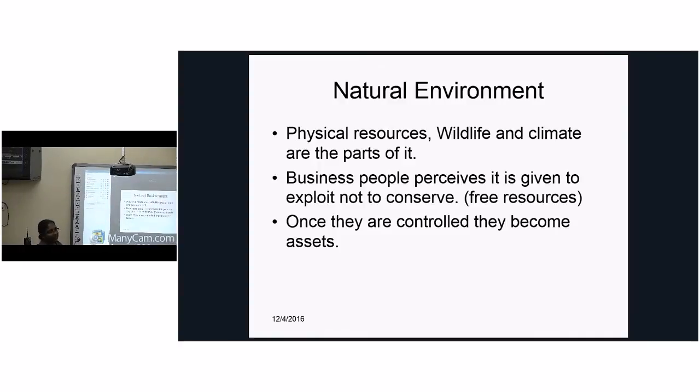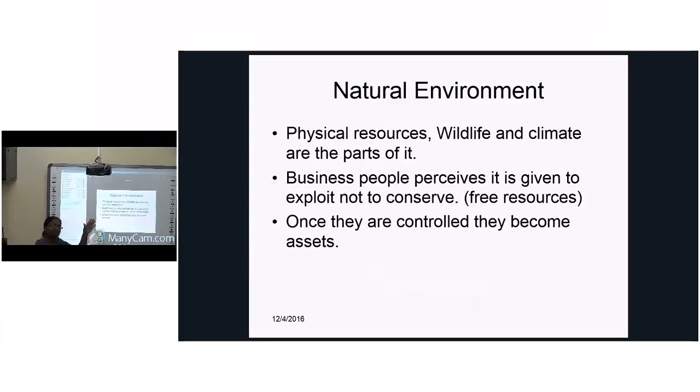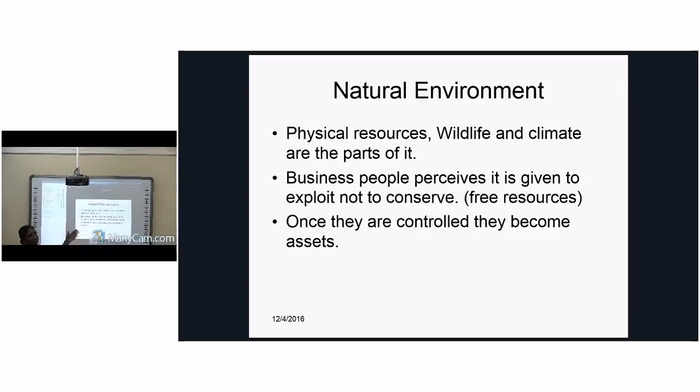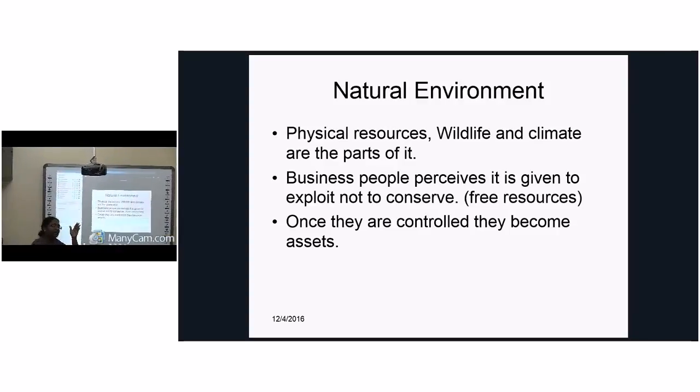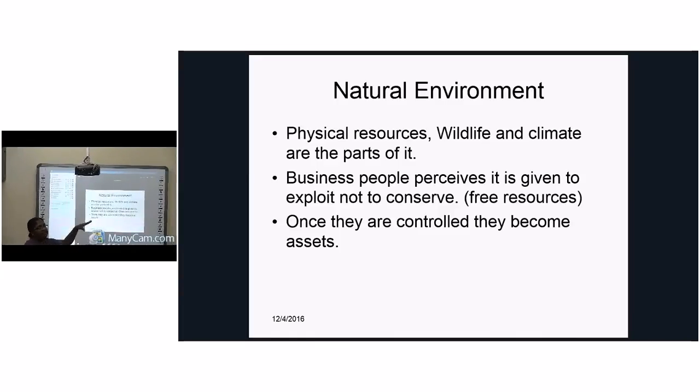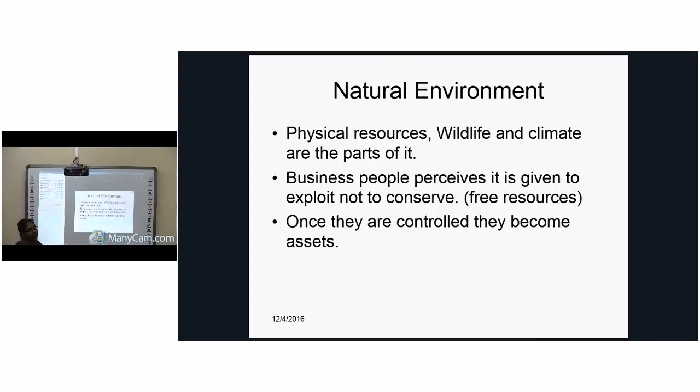When timber is in the forest, it is a free resource. If this timber is taken and a price is put on it, it becomes an asset. If water exists naturally in a lake or a river, it is a free resource.